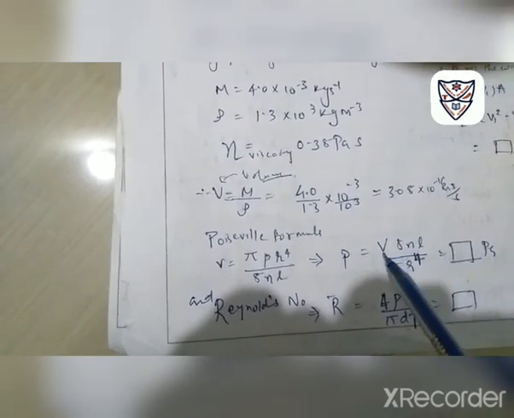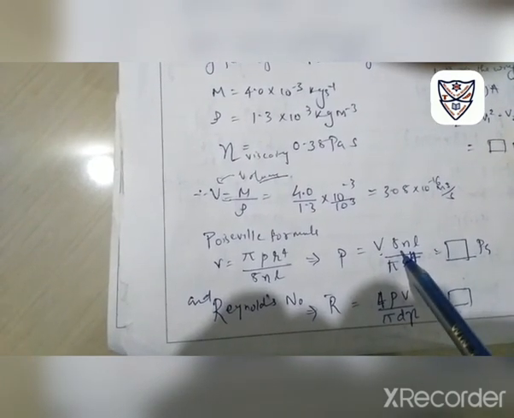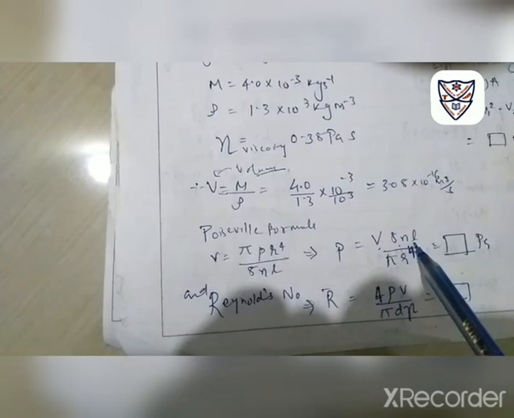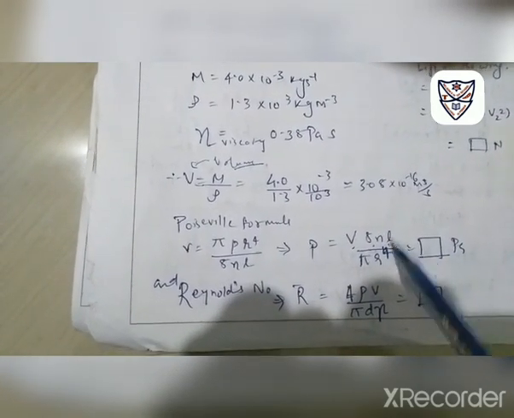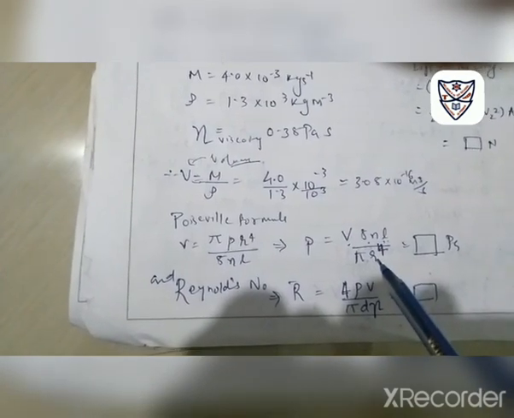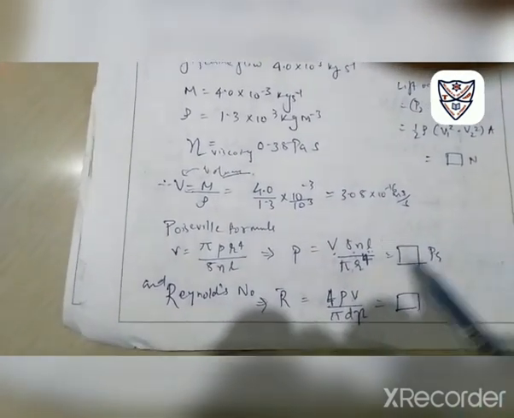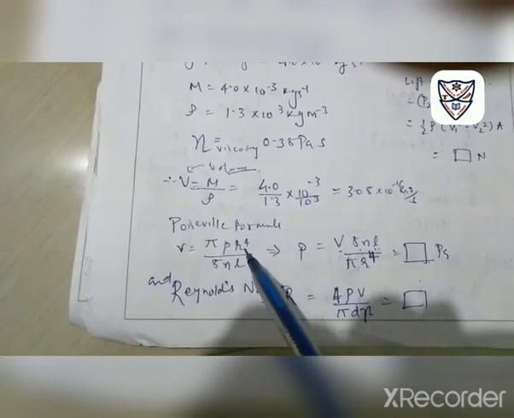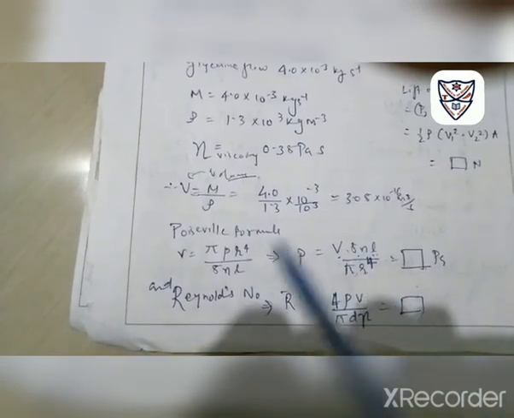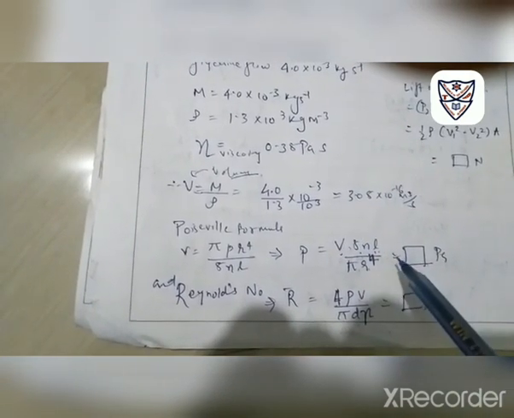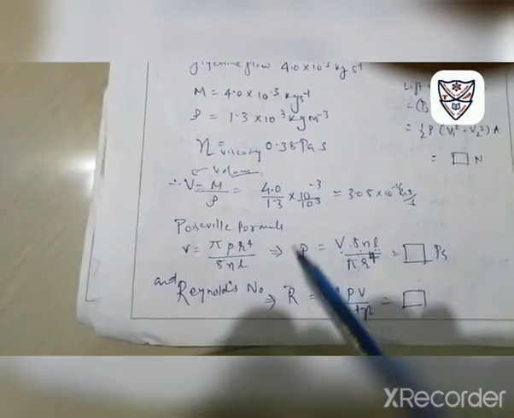You know the value of V, n is constant and given, L is given, the pi value is constant, and R you have calculated earlier. So just place all these values here. What I did, I made P the subject and just rewrote the equation after rearrangement, and I can solve my sum.